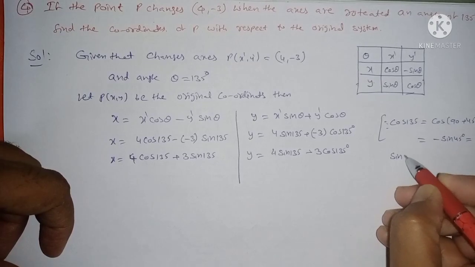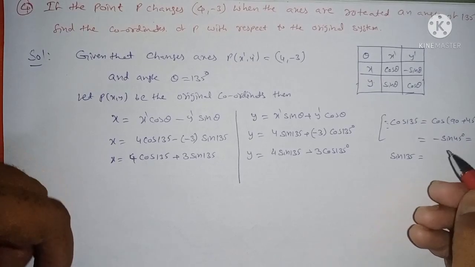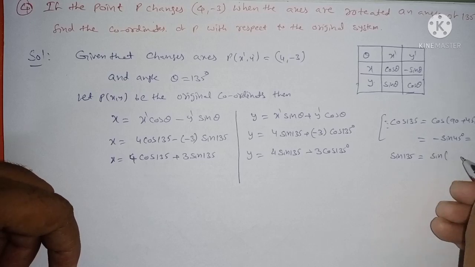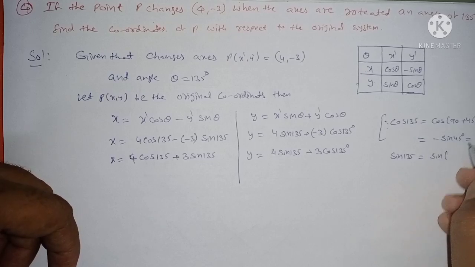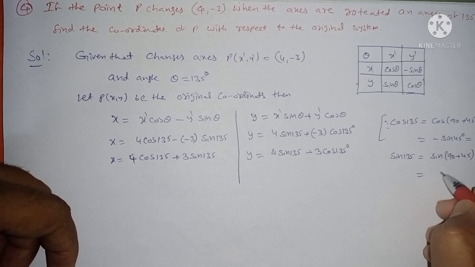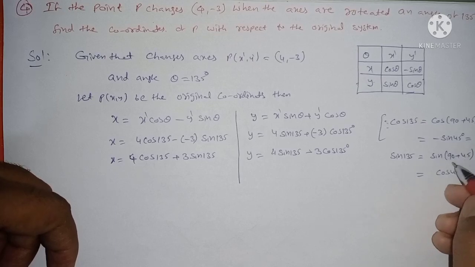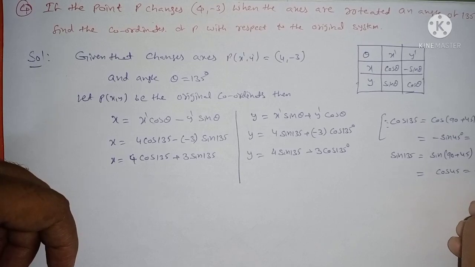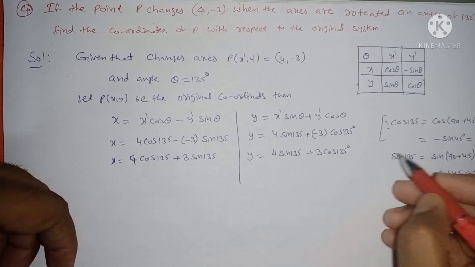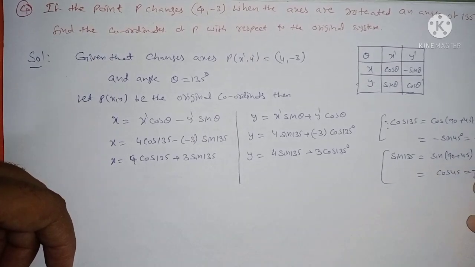Similarly, you can find the sin 135 value. This can be written as sin of 90 plus 45. Therefore, this is 90 into 1 odd number, this will be changed as a cos 45. This is second coordinate, sign will be positive. Therefore, it is equal to 1 by root 2. You got these two values, okay?